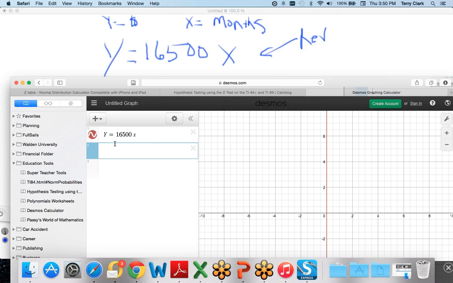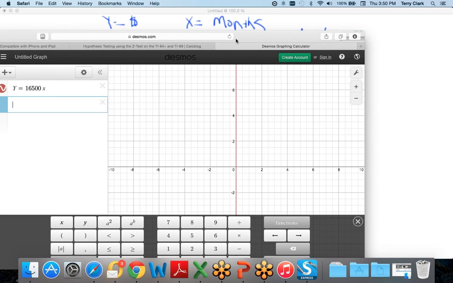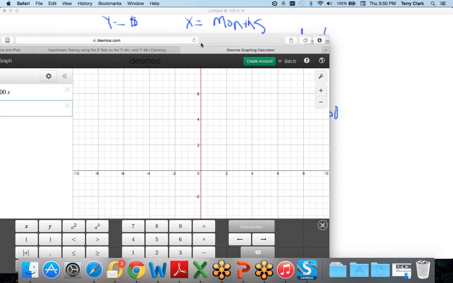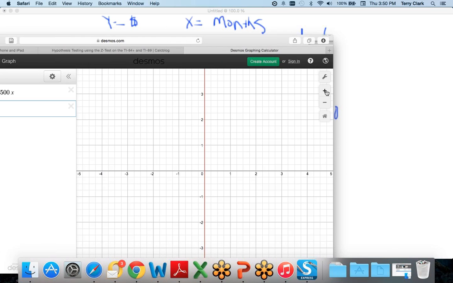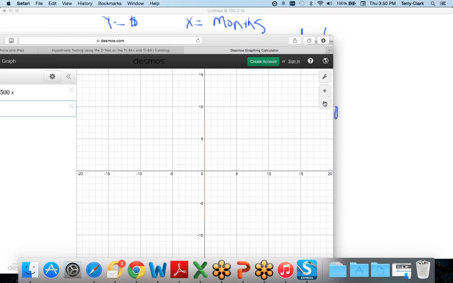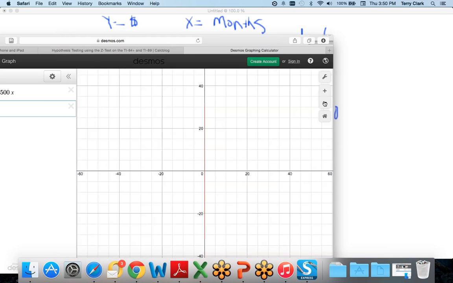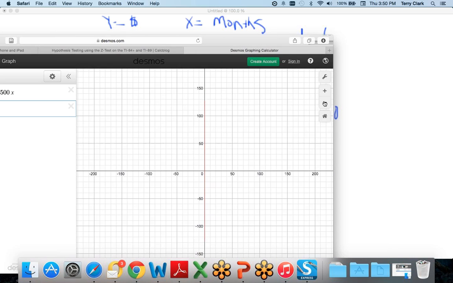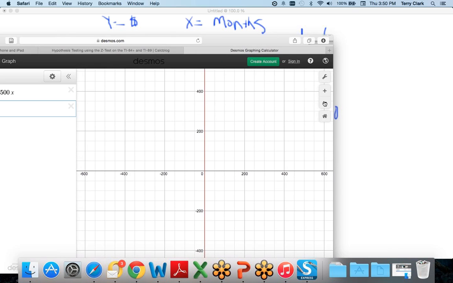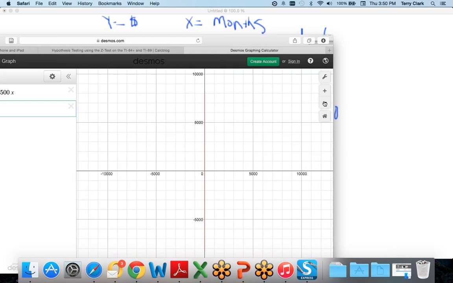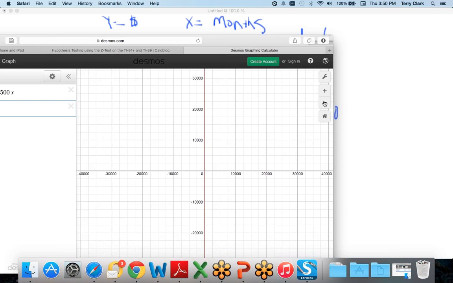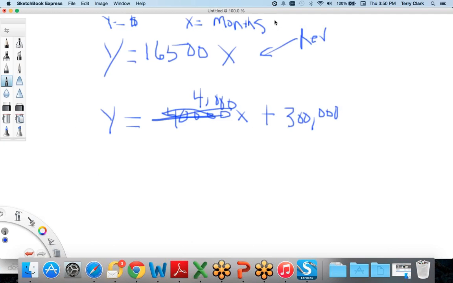So that's that first one. Okay. I'm shrinking my graph so I can put all my numbers in. All right. Minimize that.